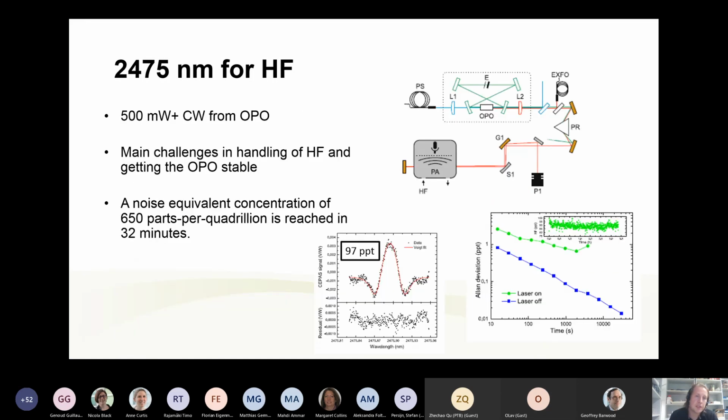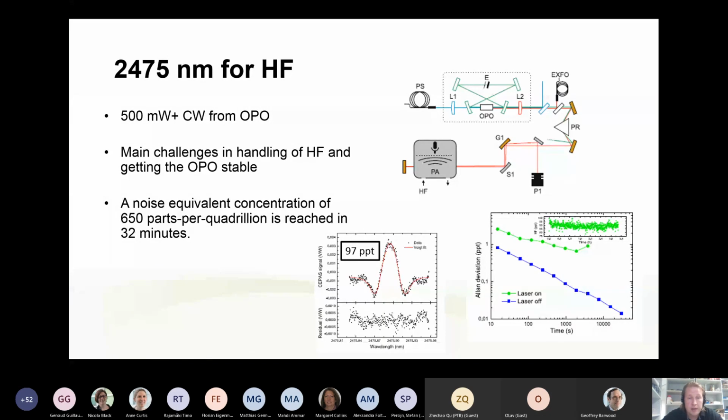This shows some of the work that was done. Like I said before, the hydrogen fluoride spectrum is very suitable for laser-based measurements, because there's really no significant interference from other species in this region, and the transitions are very strong.